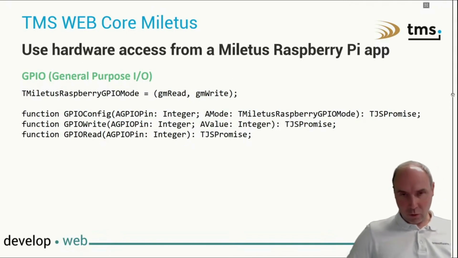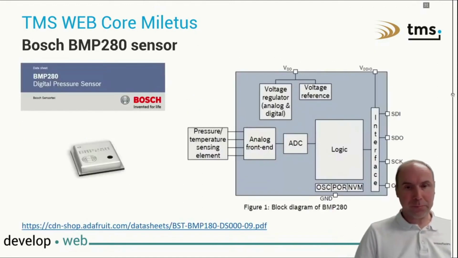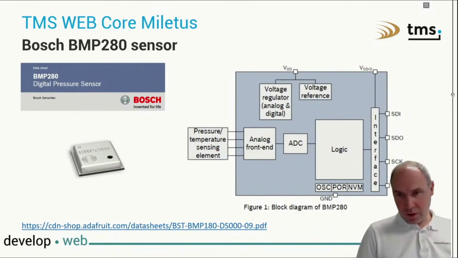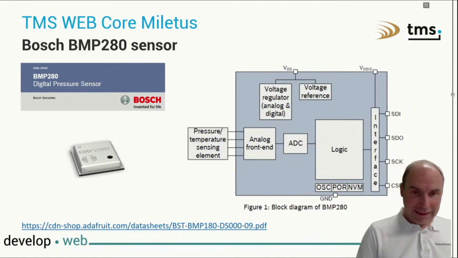And you can also read to detect what the state is of the electronic signal connected to this particular pin. For this demo in this webinar, we have chosen the Bosch BMP 280 sensor, which gives you the temperature, the humidity, and also the air pressure.